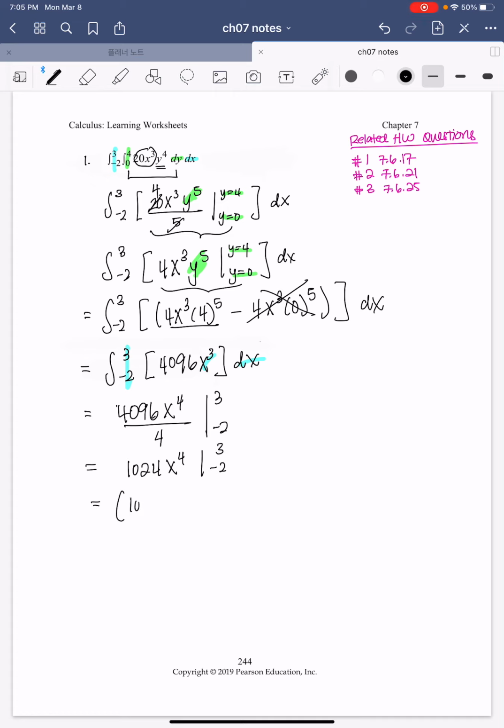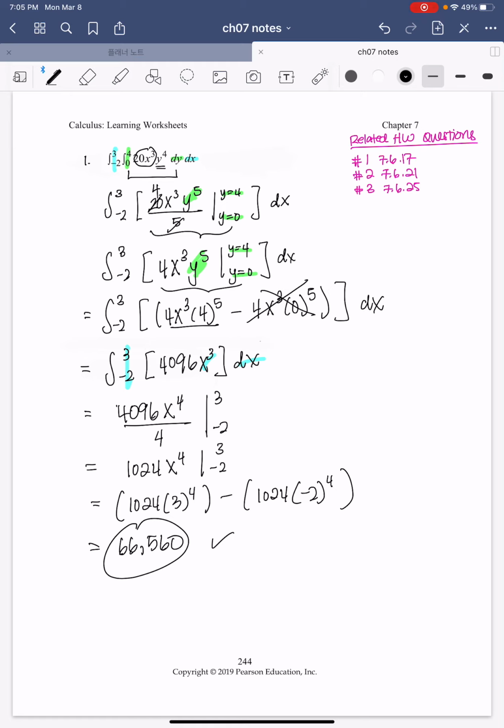So we have 1024 times 3 to the 4th power minus 1024 times -2 to the 4th power. Putting everything into a calculator, I get 66,560. Done.